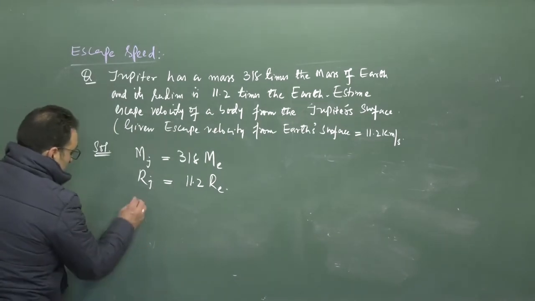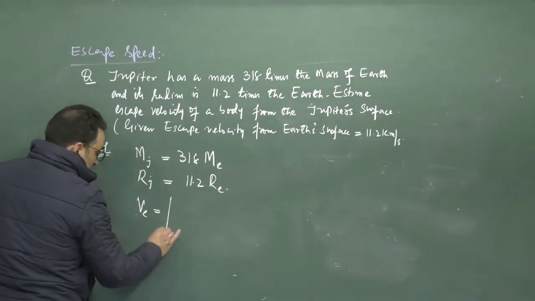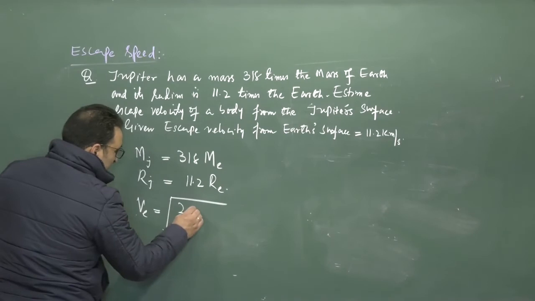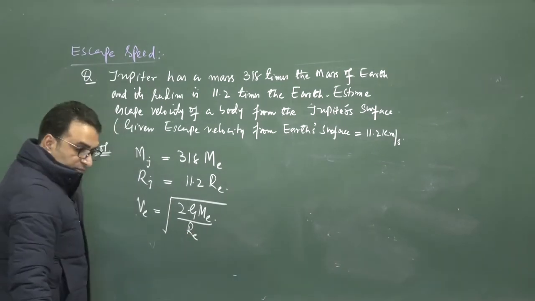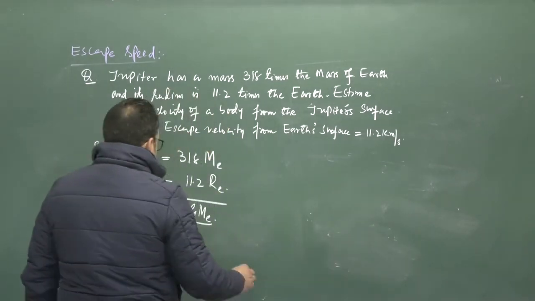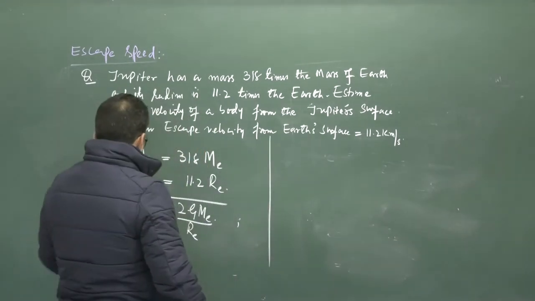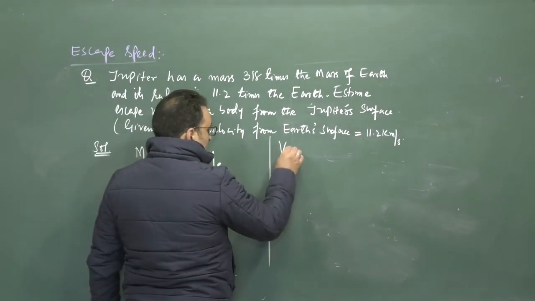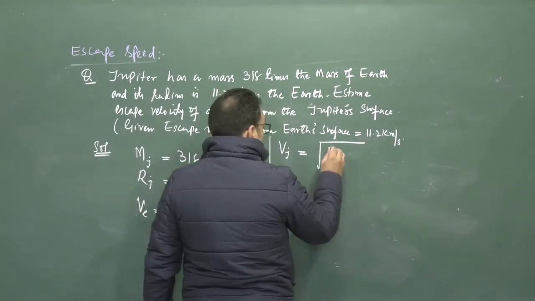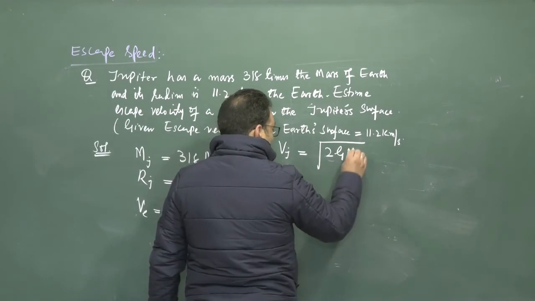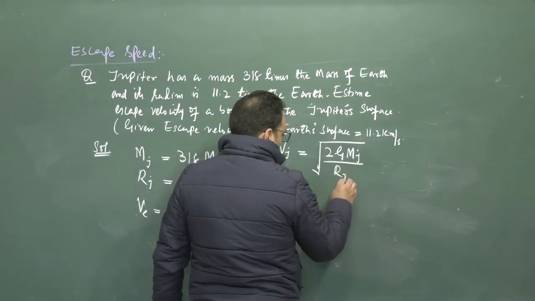Now, the escape speed of Earth in terms of mass and radius can be written as Ve equals under root of twice G Me by Re. And similarly, for the Jupiter, I can write Vj equals under root of twice G Mj divided by Rj.